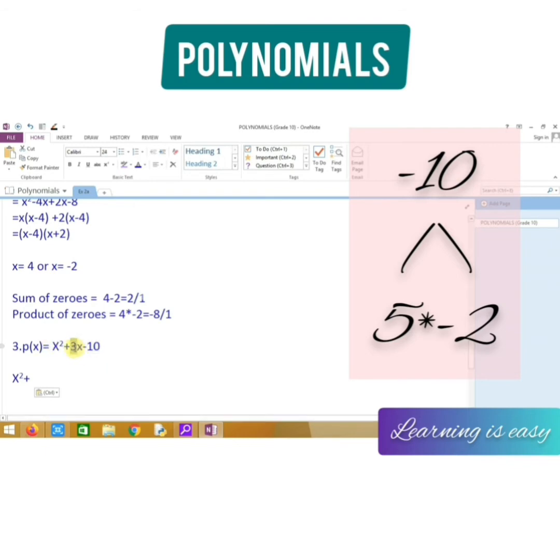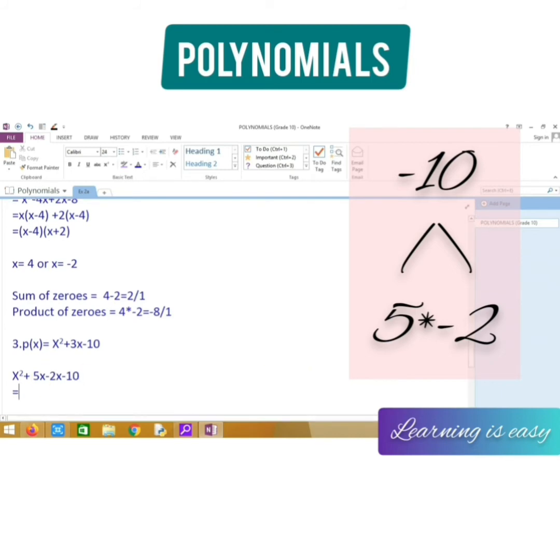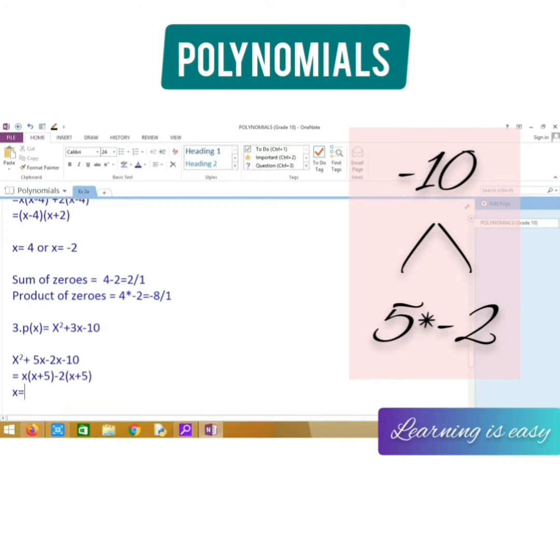It's x squared plus 5x minus 2x minus 10. So this can be written as, by taking x out, x into x plus 5 minus 2 into x plus 5. So x value is minus 5 and plus 2.